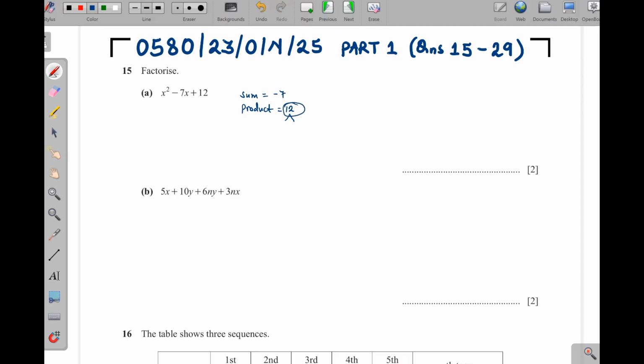Since this one is positive, the 2 numbers can either be both positive or both negative. So we can have 3 and 4. When we add these 2, we get a positive 7. But if I make both of them negative and add them, then I will get negative 7.